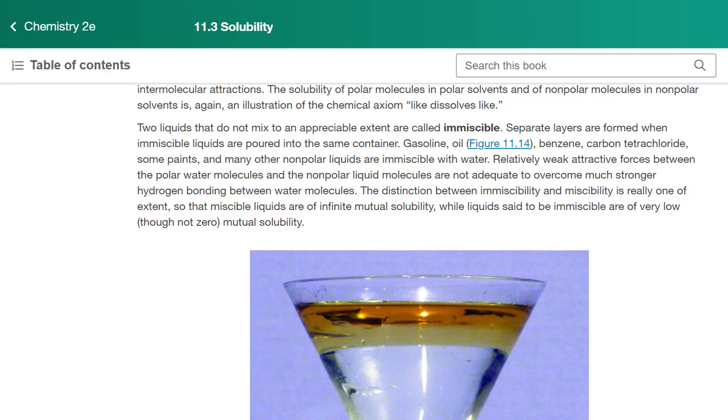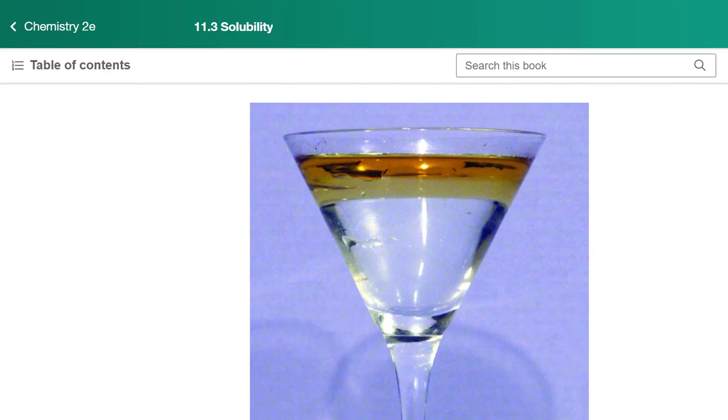There is some amount of the gasoline dissolved in that water and some amount of the water dissolved in that gasoline, but it's not very much. So they form layers, and we say that they're immiscible because there's a very low amount of each liquid dissolved in the other one.